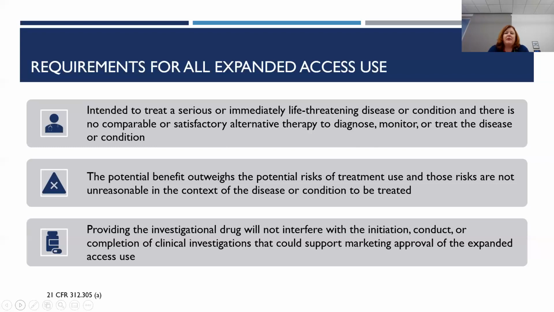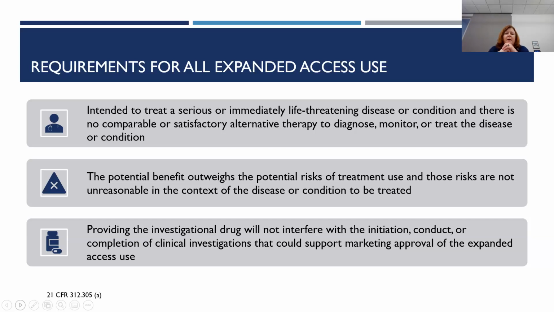Typically, what we're talking about here is treating with an investigational drug. The FDA wants the assurance that the potential benefit outweighs the potential risks. So again, you get into that research-like terminology, where we in the IRB office are always talking about whether the risk-benefit ratio is balanced sufficiently enough that we think that the benefit outweighs the risks.